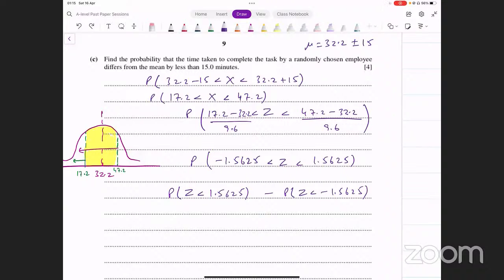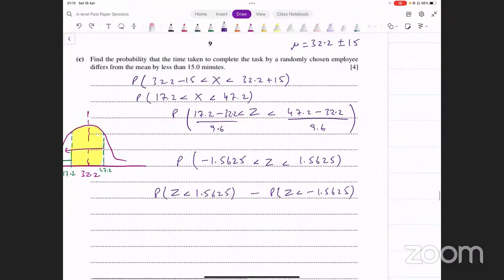If you're finding the z value of 15, that would just be... अच्छा, z value of 15.